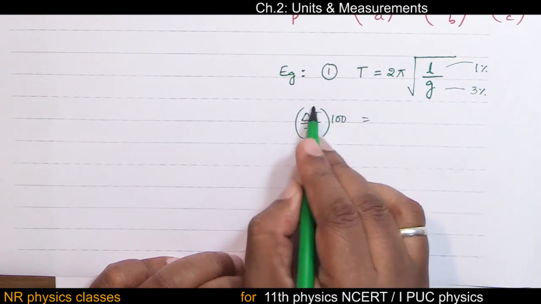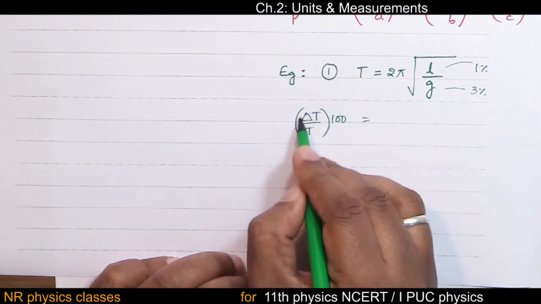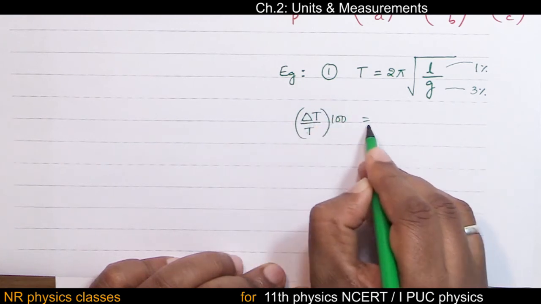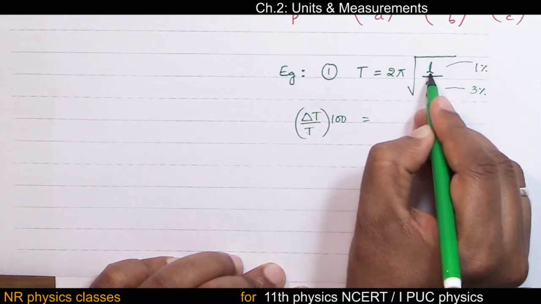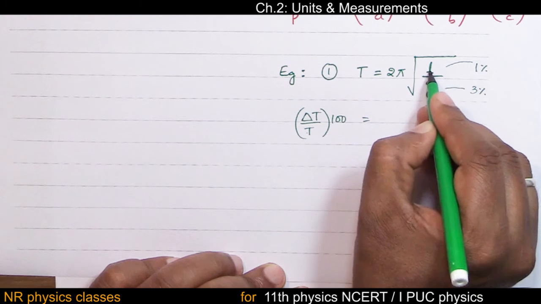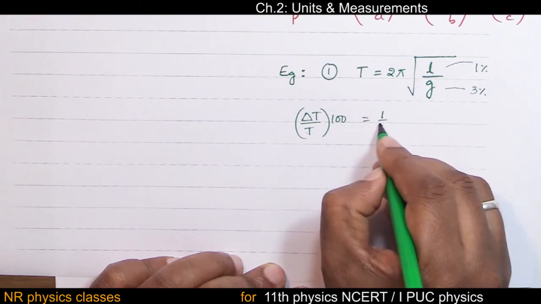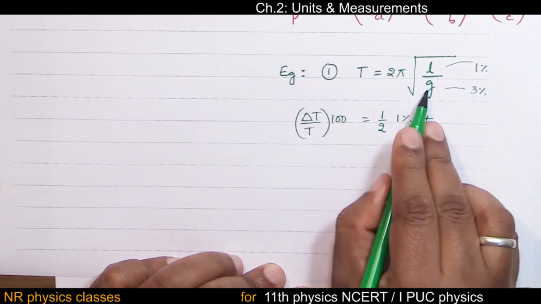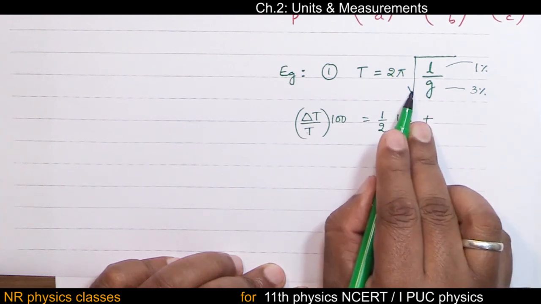Delta T by T is the relative error, into 100 is the percentage error. What is the percentage error in the measurement of time period? See, this L is inside the square root. Square root means power half. So it is half times 1% plus this G is also inside the square root.